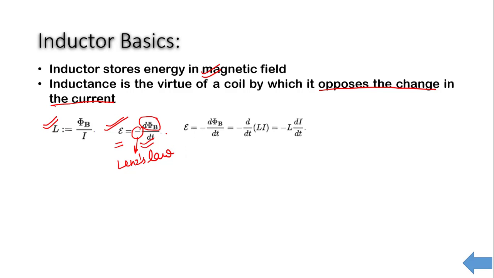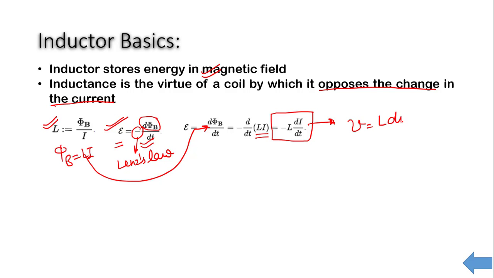So if you put the formula phi is equal to Li in this equation, it will become d by dt of Li. After differentiating it, you will get minus L di by dt. Like I told you, the voltage induced across the inductor is given by V is equal to L di by dt.